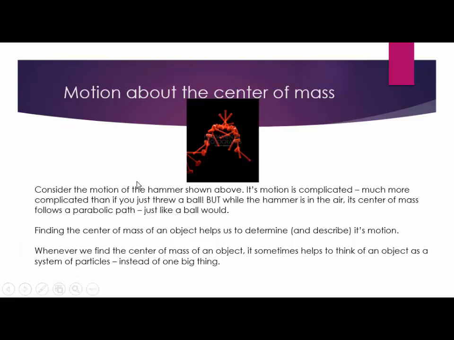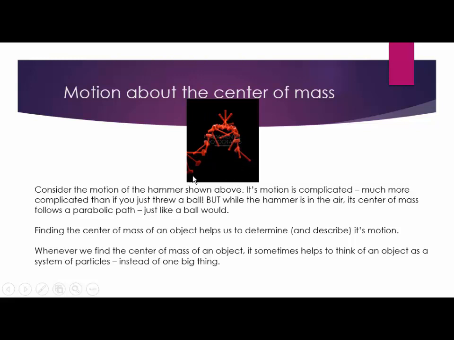Today, I want you to look at this hammer. It's supposed to be a hammer thrown up into the air, and you can tell that as it flies through the air, it's spinning. Its motion is pretty complicated, but if you just pay attention to the motion of its center of mass, the center of mass makes a really nice parabola.